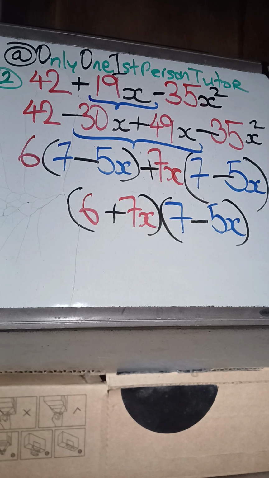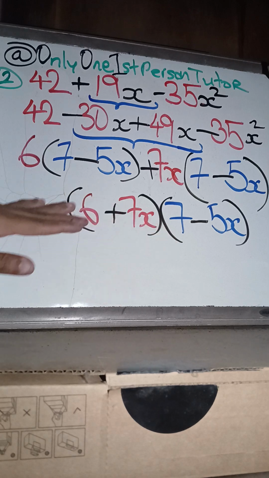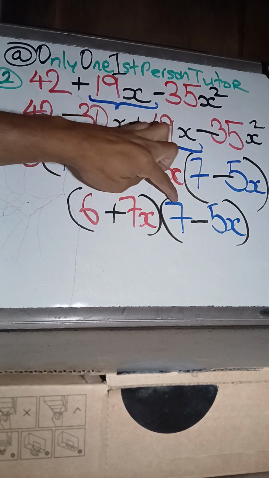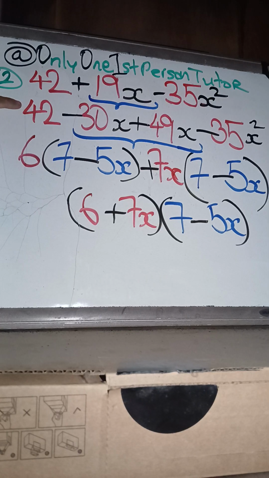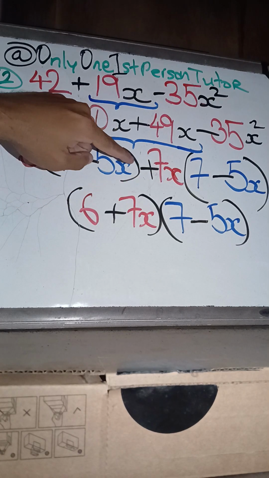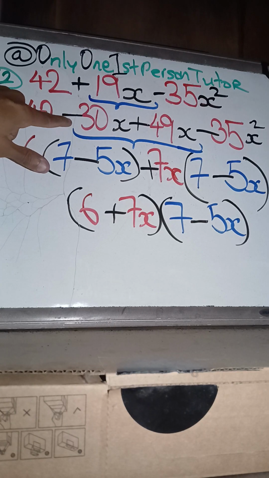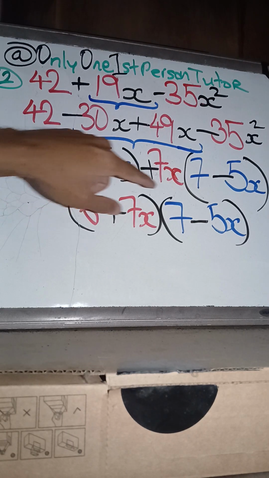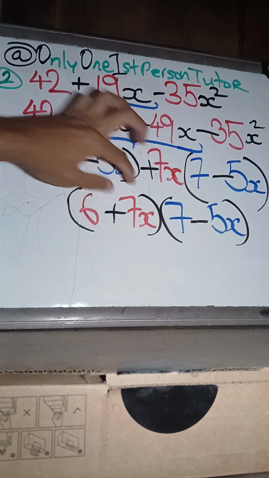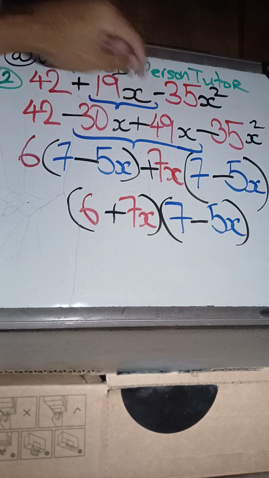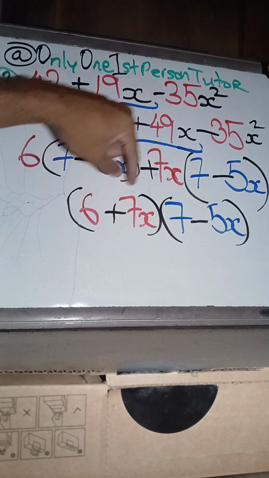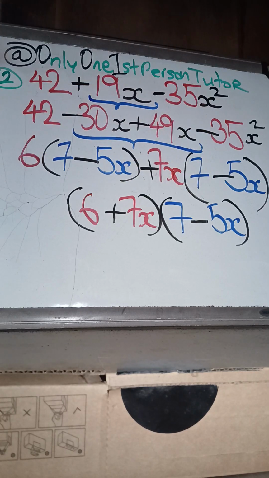So now, here comes the question: does all of this actually work? 6 times 7, 42. 6 times minus 5x, minus 30x. Plus 7x times 7, plus 49x, and plus 7x times minus 5x. There we go.